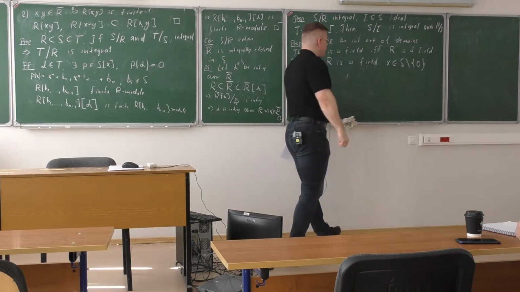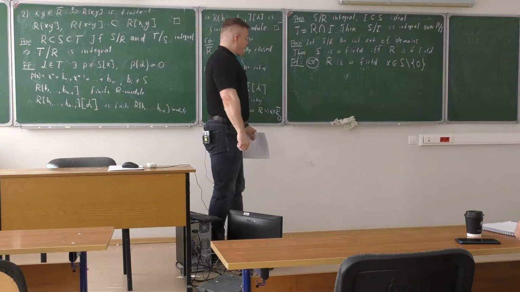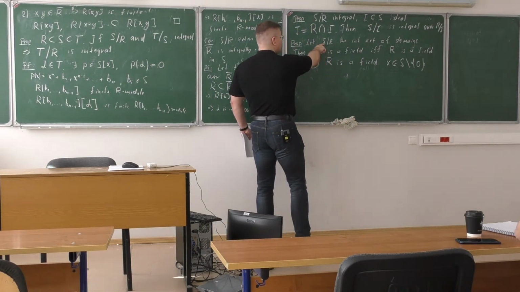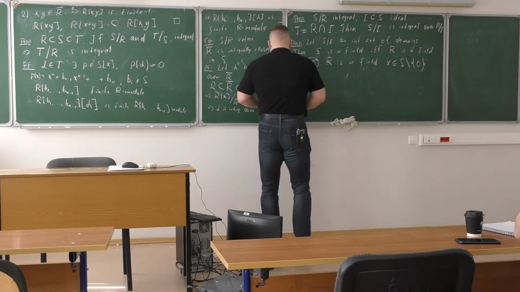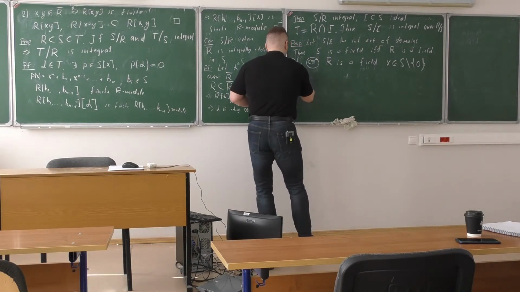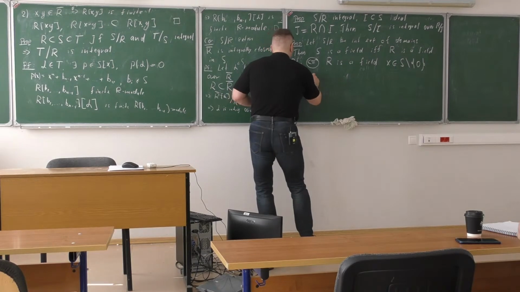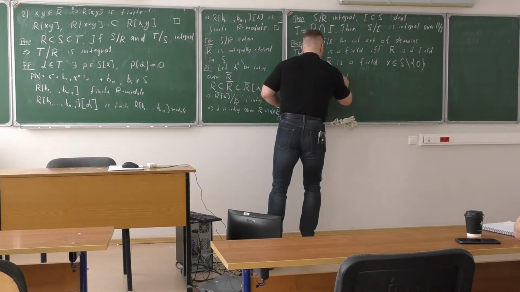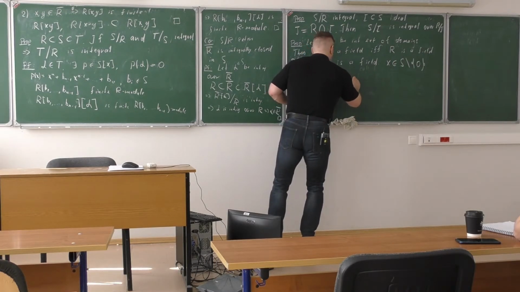I want to show that any element in S is invertible. Well, I already know that this is an integral extension, so there is an equation of integral dependence: x to the n plus a1 x to the n minus 1 up to a n minus 1.